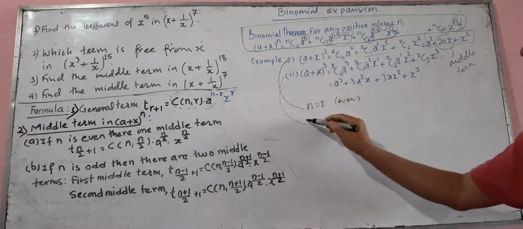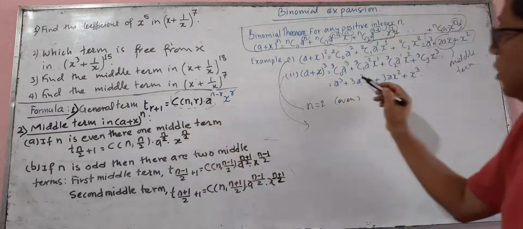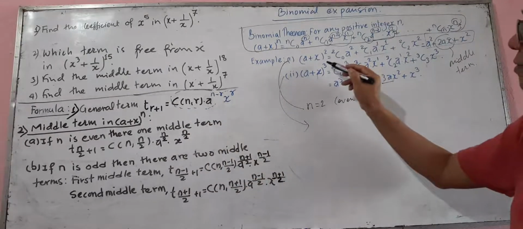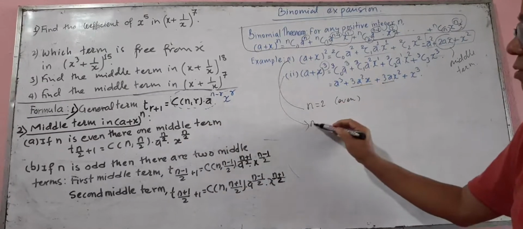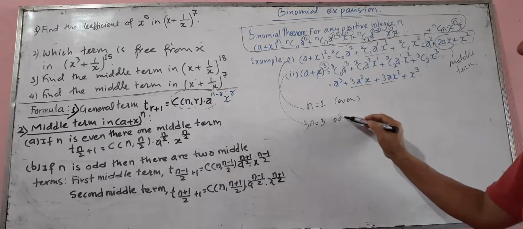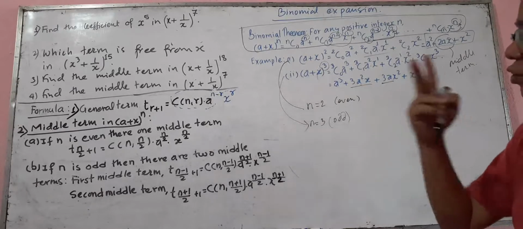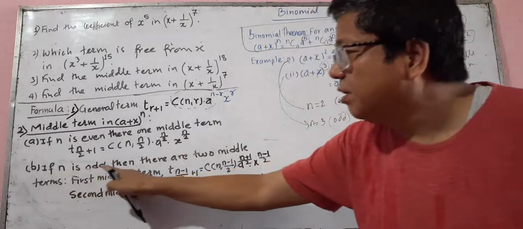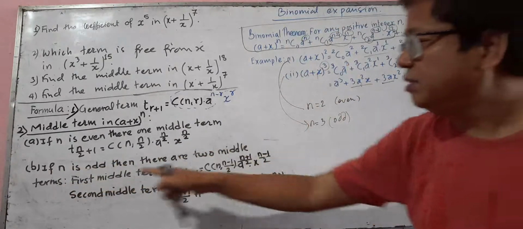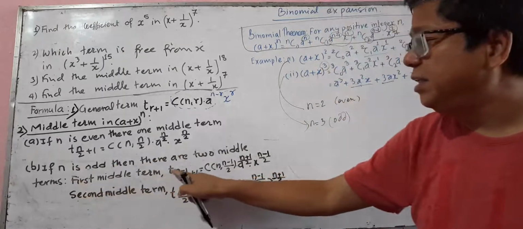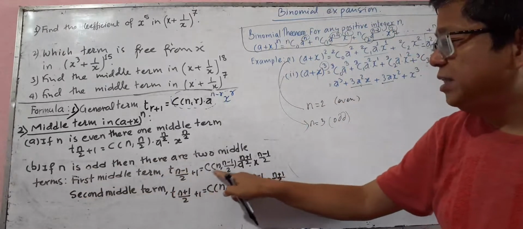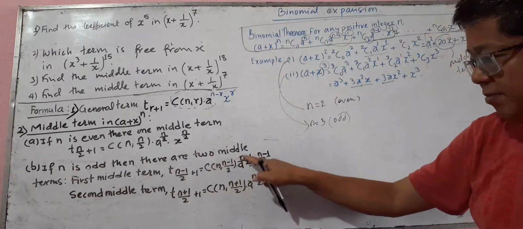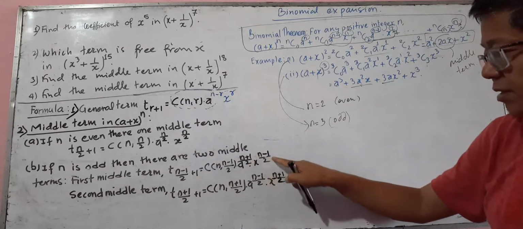So look at the second example now. There are two middle terms. Why? Because n is odd. If n is odd, then there are two middle terms. The first middle term is T((n-1)/2 + 1), which is nC((n-1)/2) a^((n+1)/2) x^((n-1)/2).